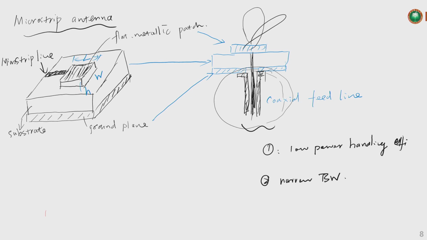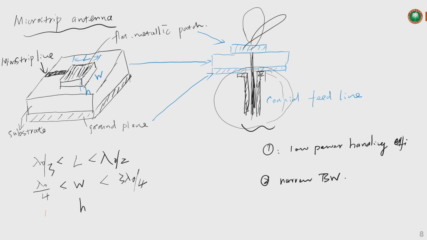And when we look at how the structure should be when you want to use it, for its length, width, and height: the length is usually between a third of the free space wavelength to half of it, and the width is usually a quarter to three quarters of the free space wavelength.